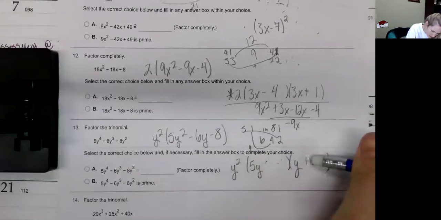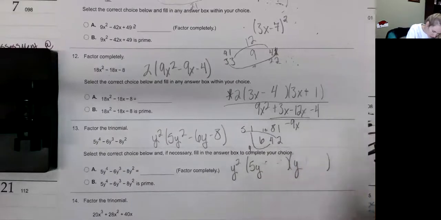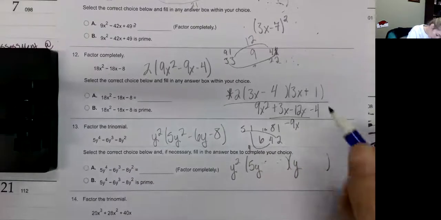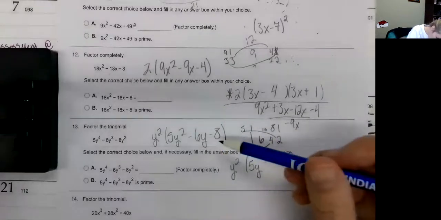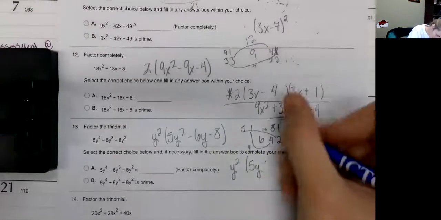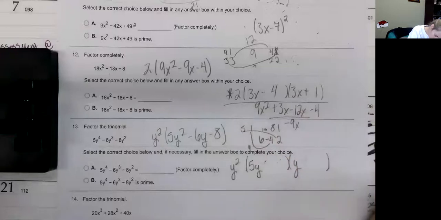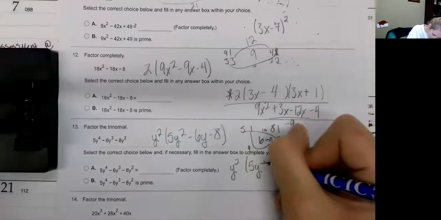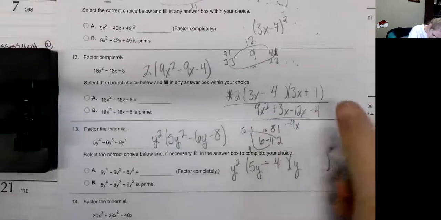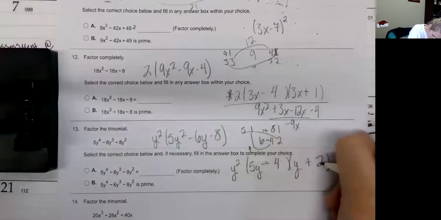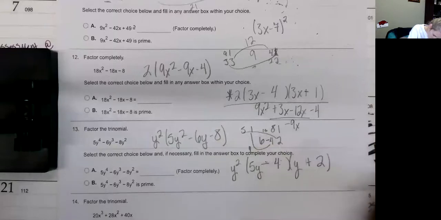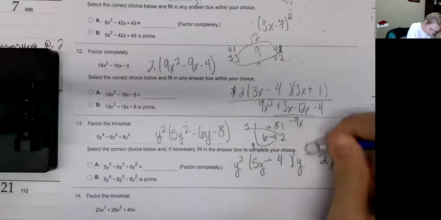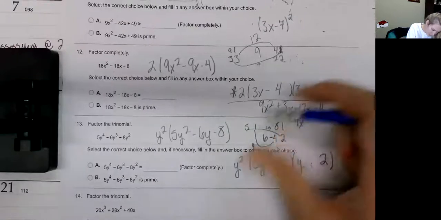So we're going to go ahead and erase this to not confuse you more. Okay, so the 6y is going to be negative, so I'm going to put my negative with my 4. And my 4 is multiplied by my y, so yeah. And then add 2. Wait, why did I do that? The signs are backwards.